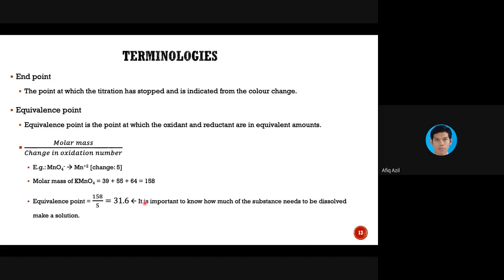So this is important so that you know how much of the substance will be needed to dissolve to make the potassium permanganate solution, because later this solution you have to prepare as a standard solution. So you need to know the exact concentration.